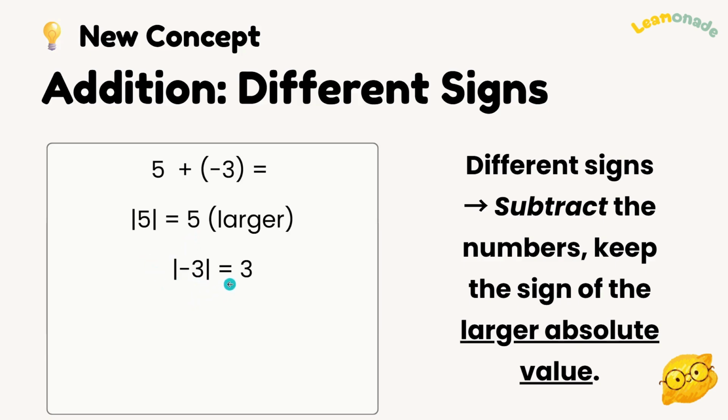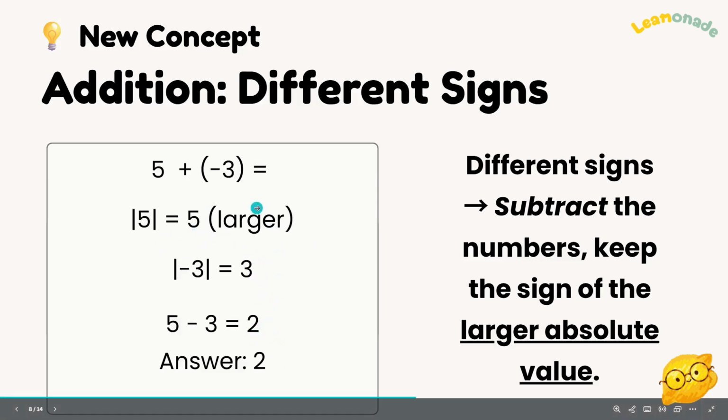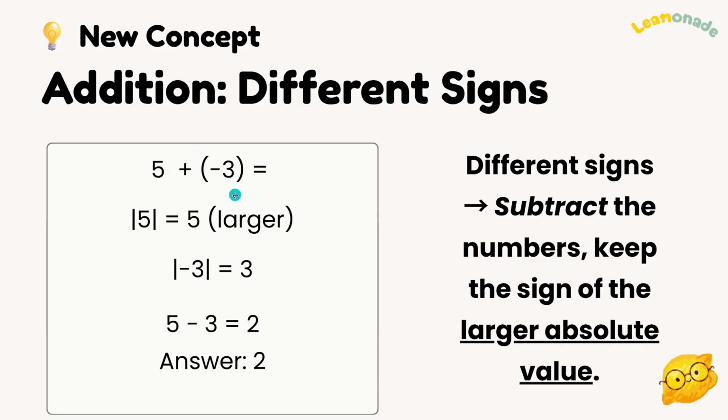Now, subtract the smaller number from the larger number. 5 minus 3 equals 2. 5 had the larger absolute value, and 5 is positive. Therefore, 5 plus negative 3 equals 2.